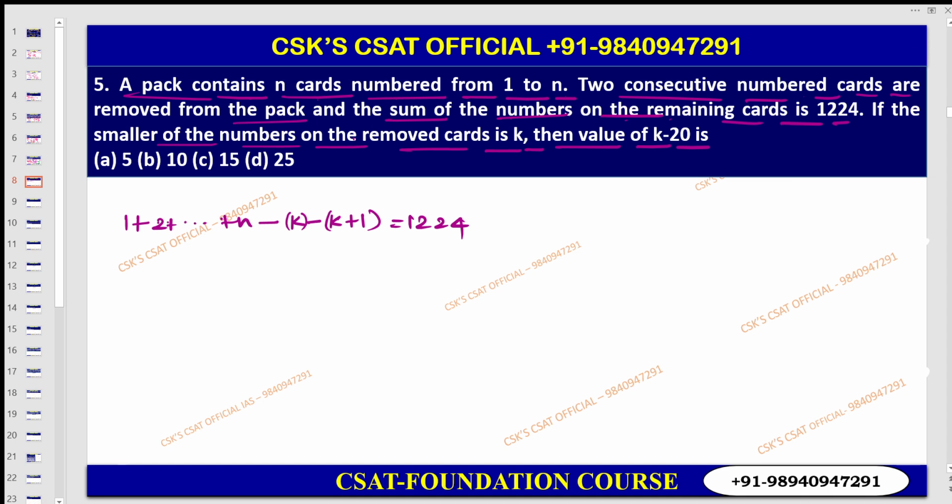Now summation of n terms is equal to n into n plus 1 by 2. Substitute that and find the values. You guys going to solve, or you want me to solve this one?